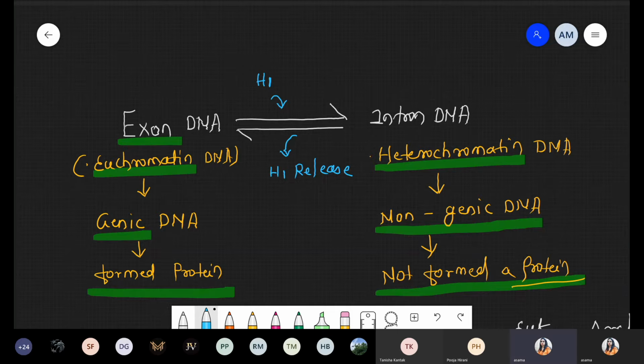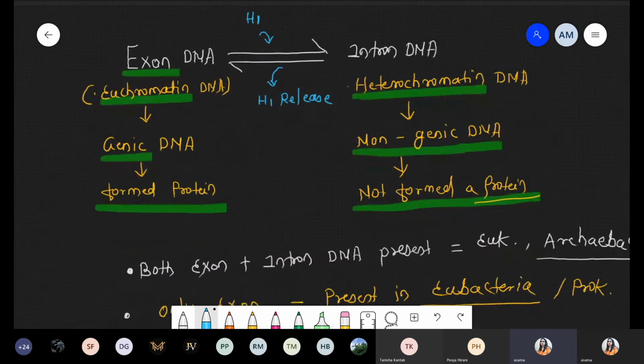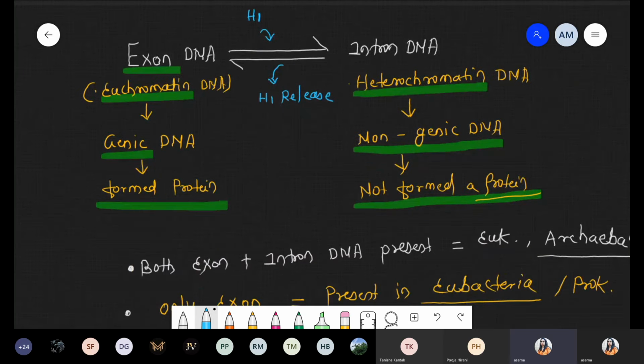So these are the conditions where we can say there are two types of DNA, exon DNA and intron DNA, and the conversion between exon and intron depends totally on H1, because between two octamers, H2A, H2B, H3, H4 are all common, but there is only one change with respect to H1. If H1 enters, that euchromatin form of DNA, exon form of DNA, is converted into intron DNA.